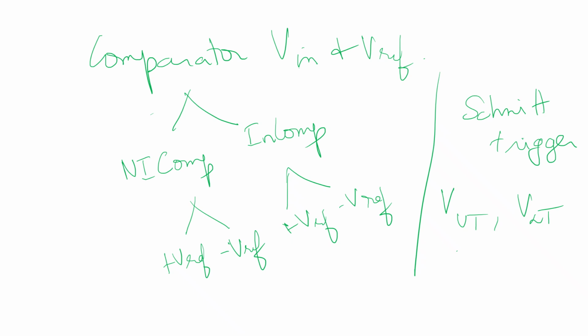The comparator triggers and gives output between two limits of plus Vsat and minus Vsat. This is a comparison of Schmitt trigger and comparator circuits. Thank you.